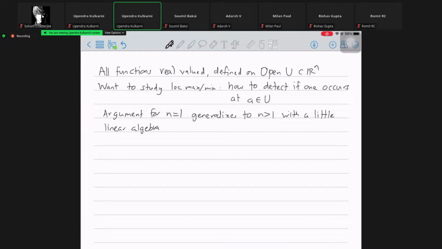So, linear algebra. Suppose I have a symmetric matrix, let's say n by n.